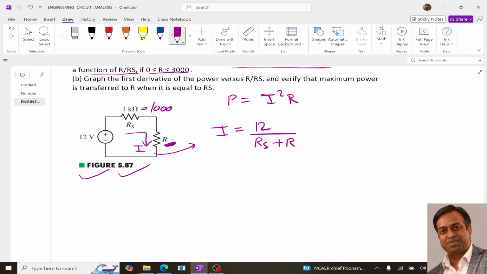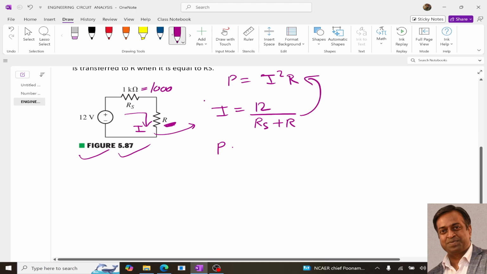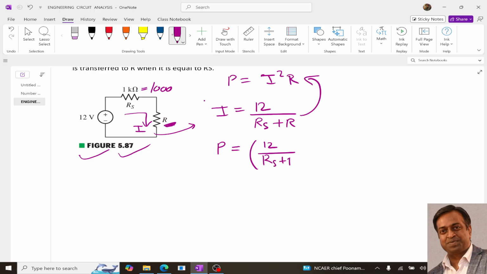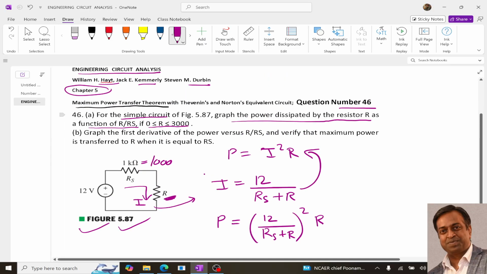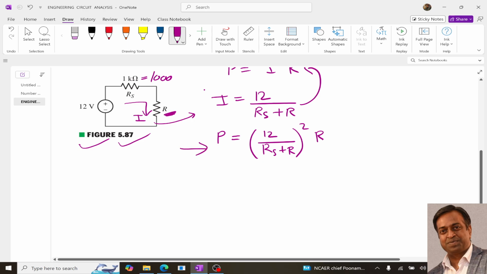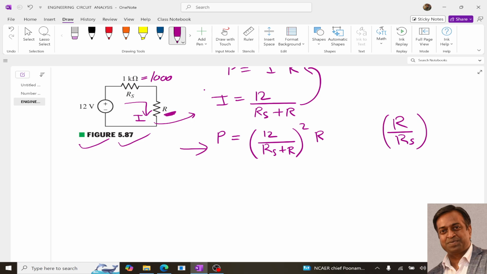Now substituting this value of I in this expression, I will get P is equal to 12 upon RS plus R, whole square, into R. Now the question is saying that we need to draw a graph for the power dissipated by resistor R as a function of R by RS. It means we need to re-express this expression so that we have this term R by RS.